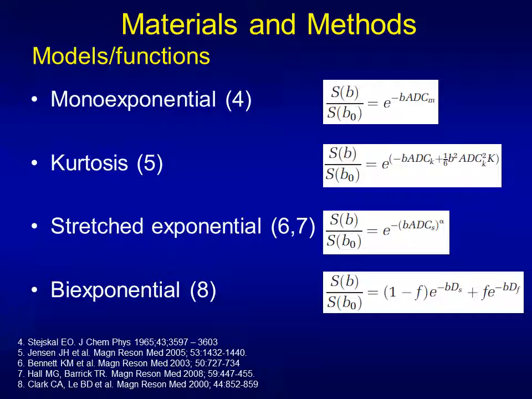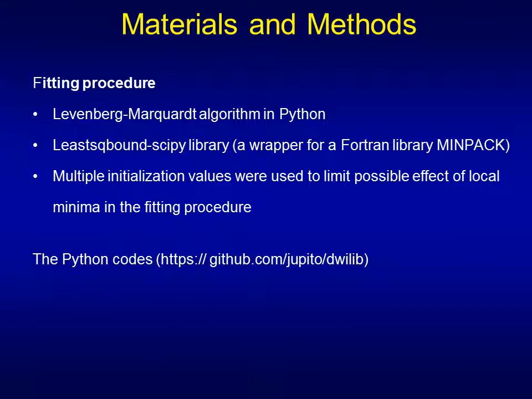We used four mathematical models or mathematical functions. We used the mono-exponential model, kurtosis model, stretched exponential model, and bi-exponential model. The signal was normalized to b0, resulting in one parameter for mono-exponential, two parameters for kurtosis, two parameters for stretched exponential, and three parameters for the bi-exponential model.